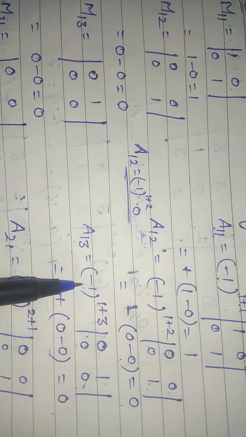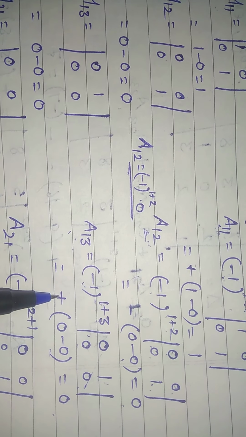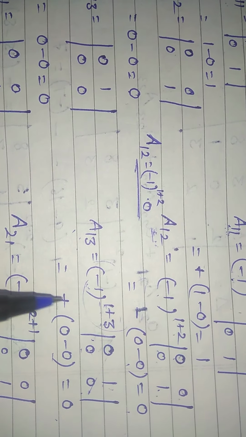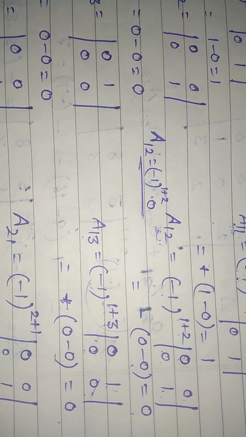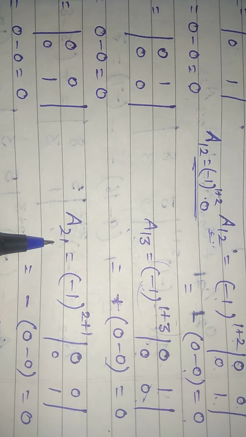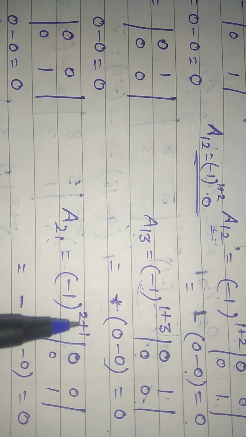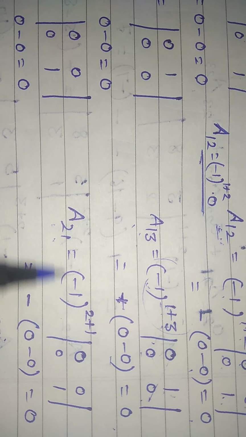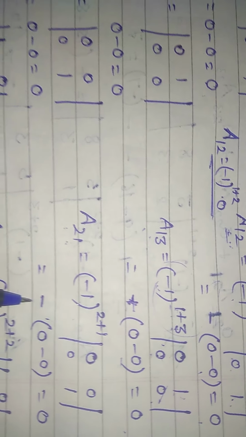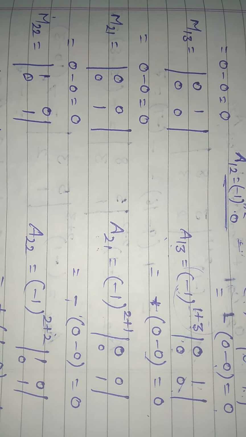For 1 3, 1 plus 3 is even, it is positive here, so you can take directly plus sign. For 2 1, 2 plus 1 is 3, minus 1 raised to power 3, you can take directly a minus sign here. Similarly in all these.